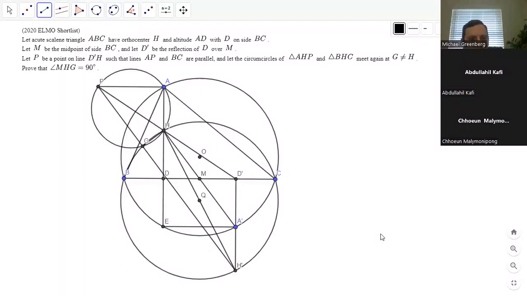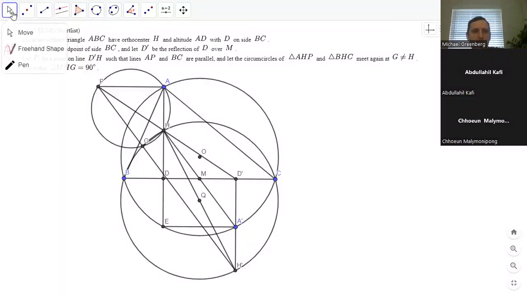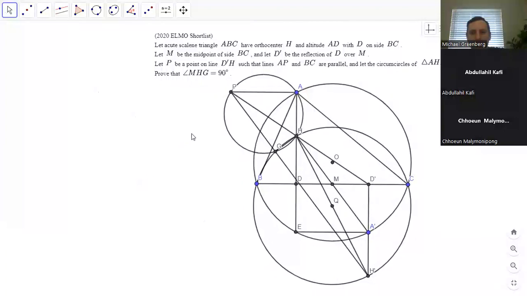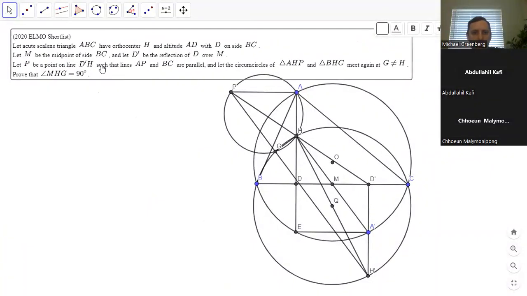But I feel like this diagram kind of makes it look obvious. Because we know that this is 90 and we know that this is 90. So yeah, the last step is basically, it's really not a hard problem. Okay, so let's type it up.